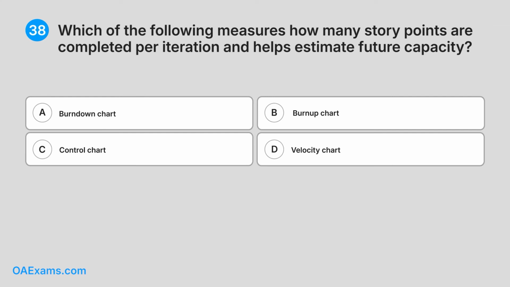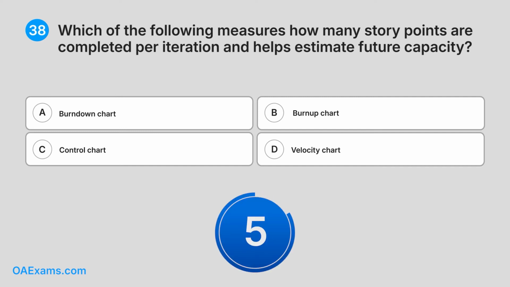38. Which of the following measures how many story points are completed per iteration and helps estimate future capacity? A. Burn-down chart. B. Burn-up chart. C. Control chart. D. Velocity chart. Do you know the answer?